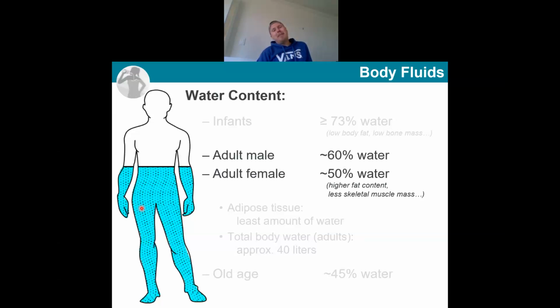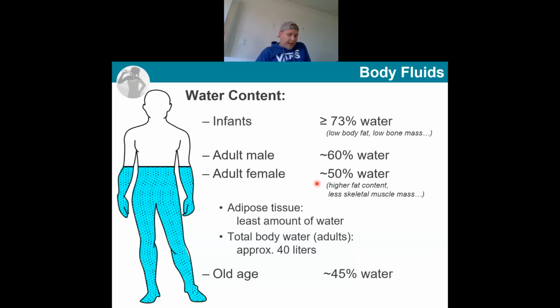So typically we end up finding that males have slightly more water content in their body, about 60%, than females. If we look at the adults, the difference is largely explained by the higher body fat percentage and also less skeletal muscle in the females than in the males. So these are averages. We also see that infants, babies, have a high body water content.